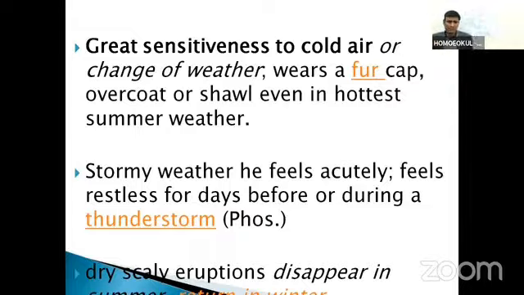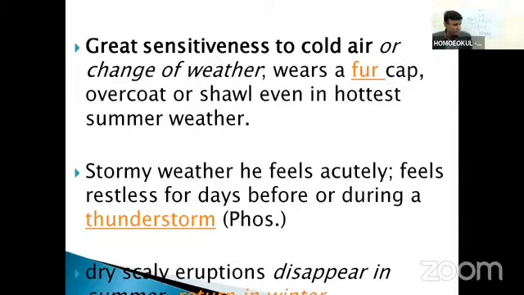I think in chapter Mind, page number 30 might be. The rubric is fur wraps. Medicine is Hyoscyamus. Although we all know Hyoscyamus wants to be exposed, doesn't want to be covered, wants to be naked. But here in Kent's Repertory, you will get a single medicine, fur wraps in summer, I think, and the medicine is Hyoscyamus. Okay.